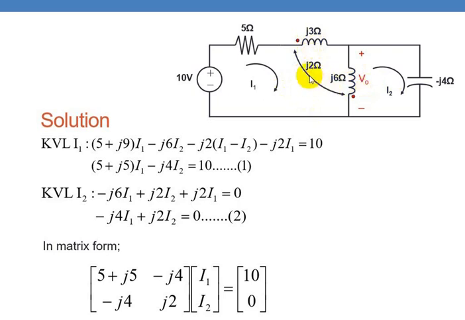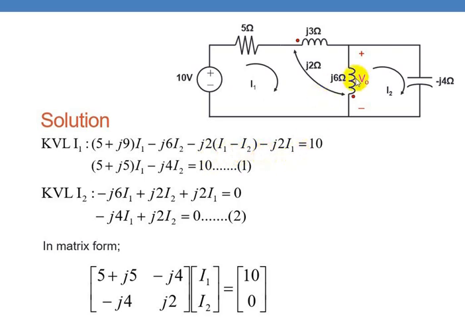So J2 into I1 minus I2. So then you find out the signs. This I1 is entering into the dotted terminal, whereas here I1 is leaving from the dotted terminal. So in one terminal it's entering, in another terminal it is leaving. Therefore you have to write here minus J2 into I1 minus I2.